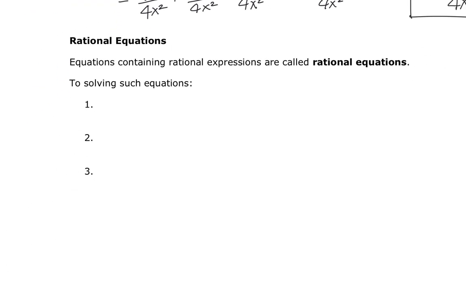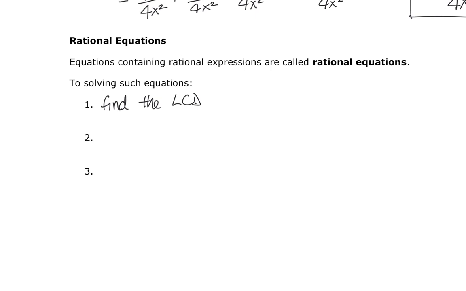So a rational equation is basically an equation that involves rational expressions. The first thing I'm going to do is find the lowest common denominator, just like I did up above on those fractions.